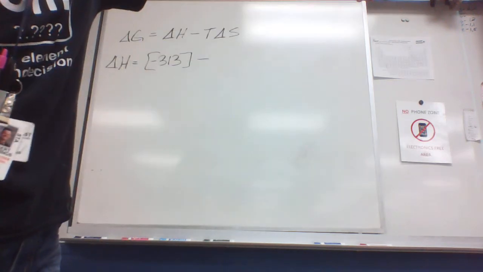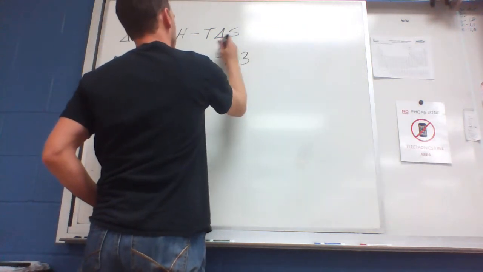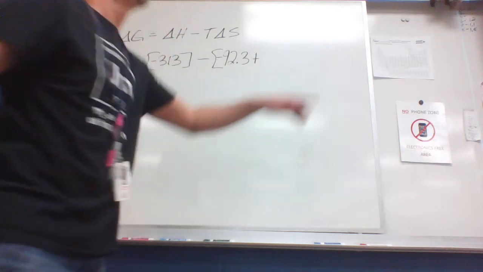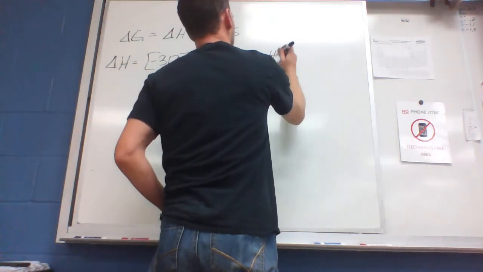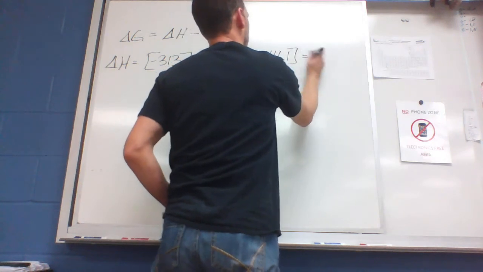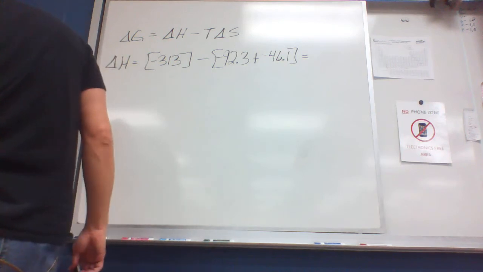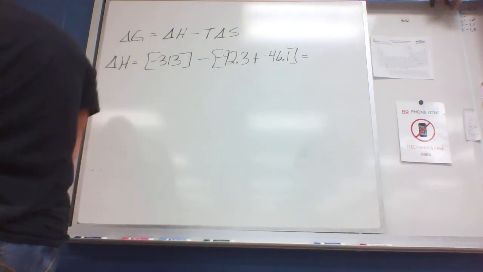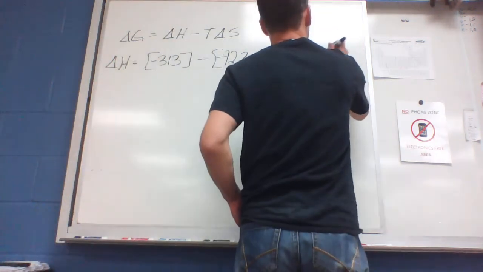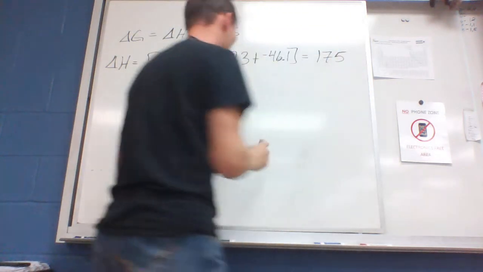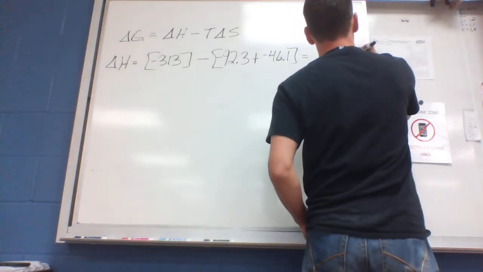We're looking at the HCl of negative 92.3, plus the other reactant, ammonia, at negative 46.1. If I run that data, I'm going to get a delta H of approximately 175, and of course that's in kilojoules.